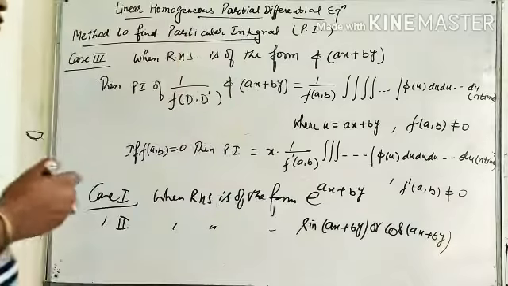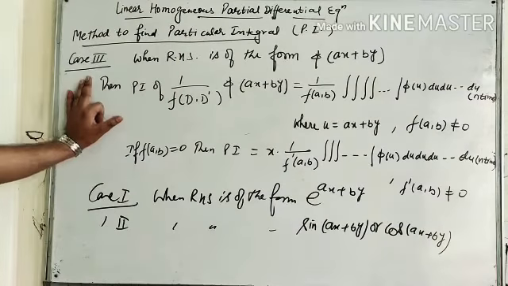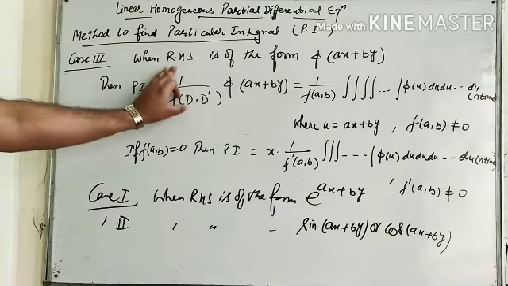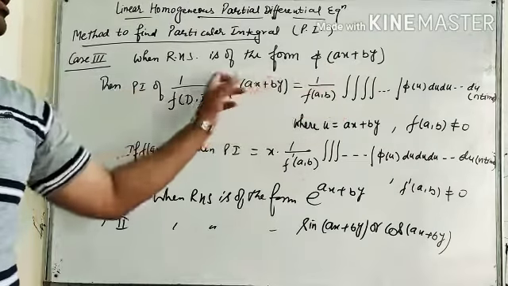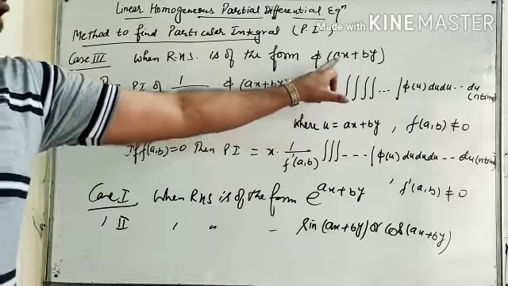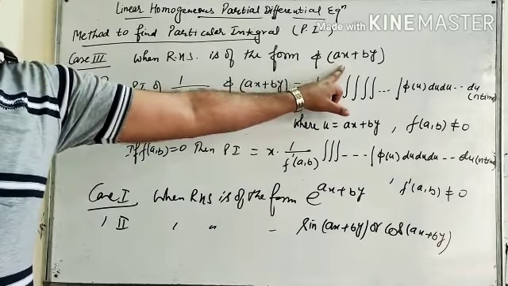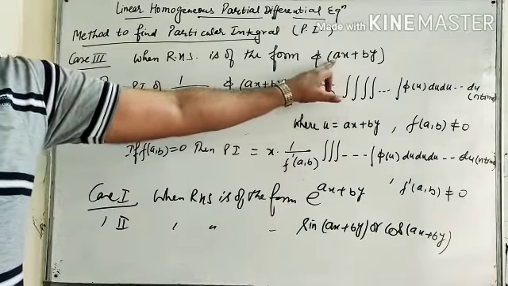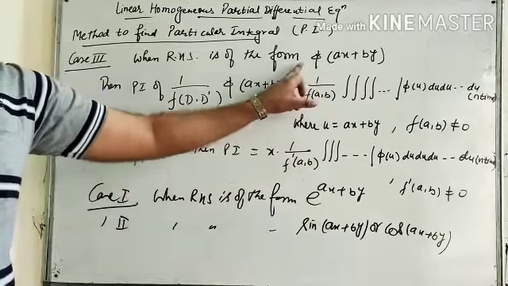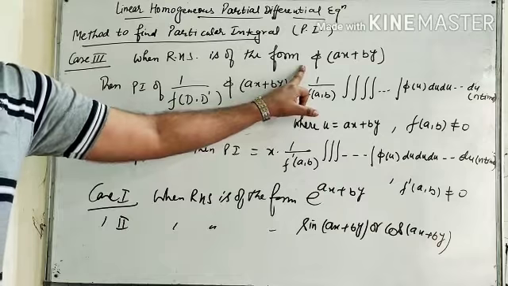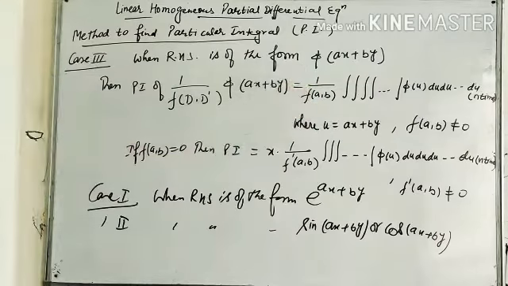Now we are moving on to case number third, when the R.H.S is of the form phi(ax plus by). This is a general form, because any kind of function may exist. It may be exponential, trigonometric, logarithmic, or any other algebraic function.